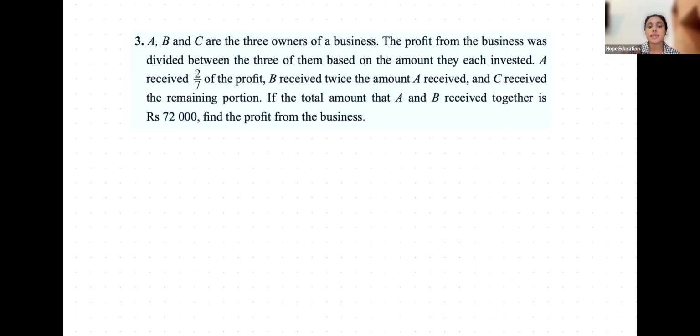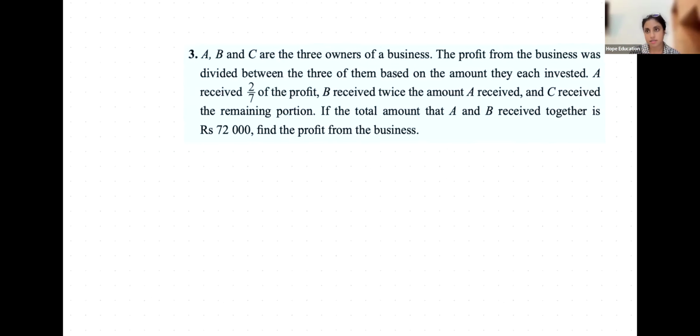A, B, and C are 3 owners of a business. The profit from the business was divided between the 3 of them based on the amount they each invested. So let's say that this is the total profit of the business. That has been divided among the 3, based on the amount they invested. A has gotten 2/7 of the profit.